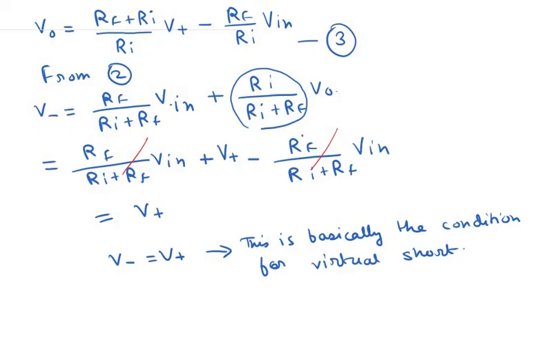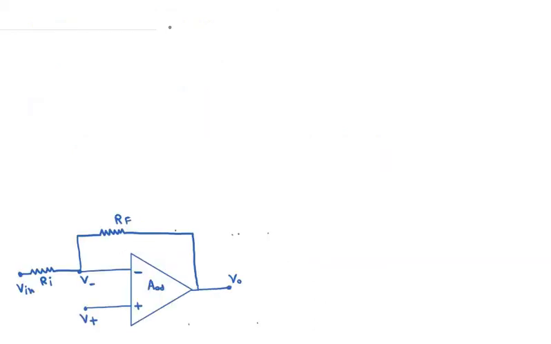Okay, now let us actually use this property that we have got from our calculation. This V0 is RF divided by RF plus RI, divided by RI, minus RF divided by RI V in. So let us write down this equation. V0 for this circuit is RF plus RI divided by RI V plus minus RF divided by RI V in.